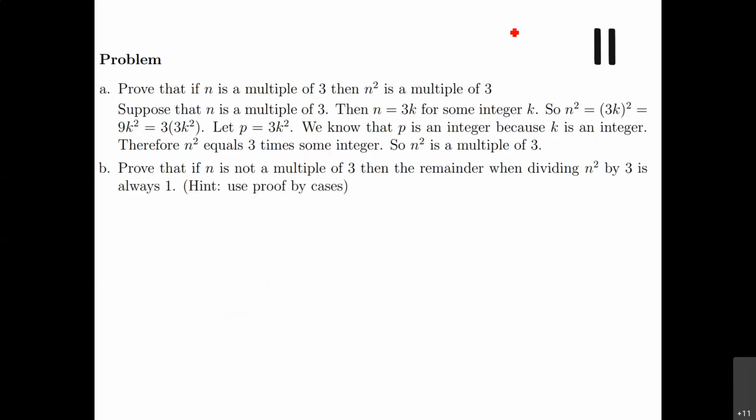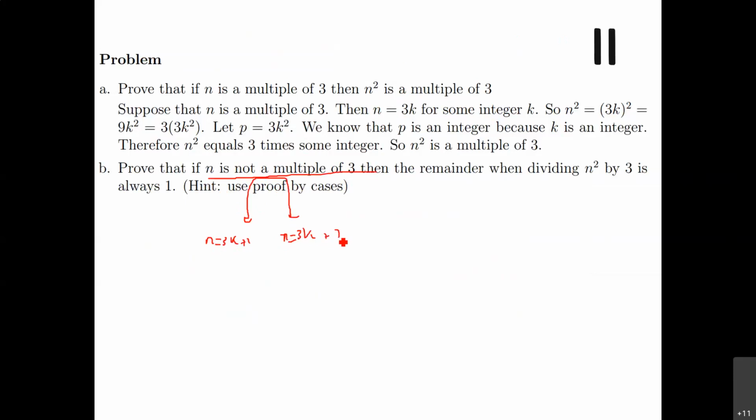Now, prove that if n is not a multiple of 3, then the remainder when dividing n squared by 3 is always 1. So if n is not a multiple of 3, what does that mean? n is either 3k plus 1 or it's 3k plus 2.